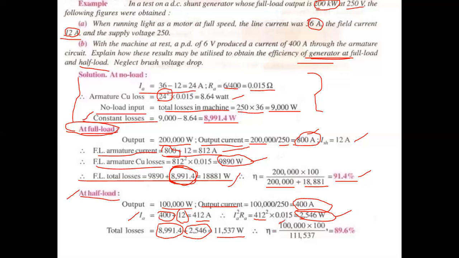Output power at half load is 100 kilowatts, and total losses of 11,537 watts added to the output power give 111.537 kilowatts. Then 100 divided by 111.537 gives 0.896. Multiplied with 100, the percentage efficiency at half load is 89.6 percent.